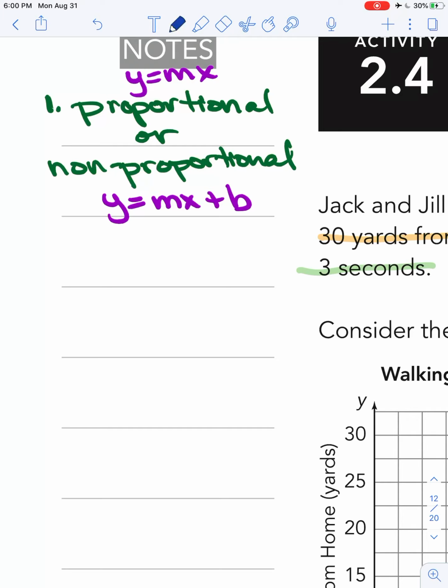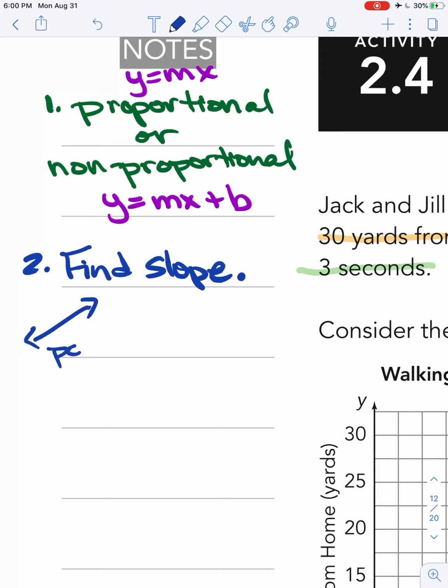So, second thing, you need to find slope. So, is it positive or is it negative?